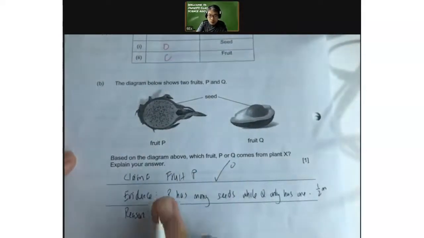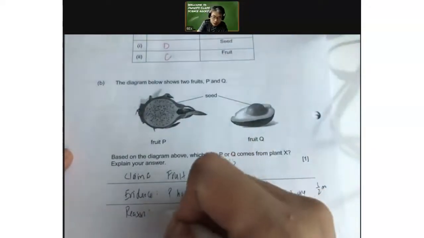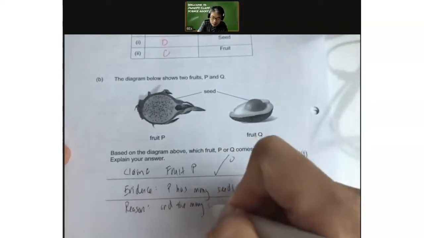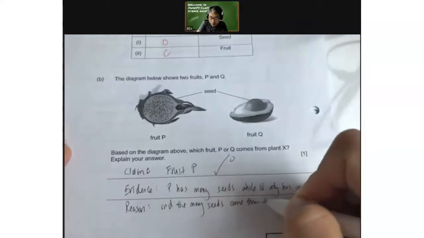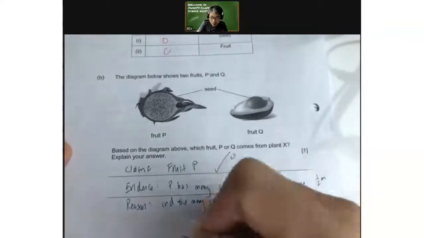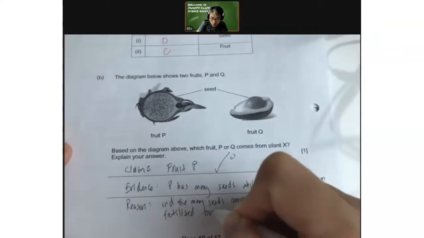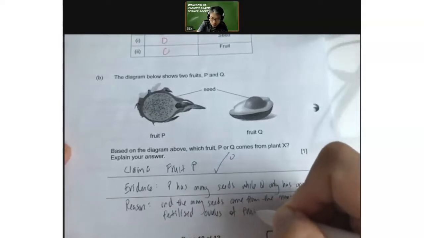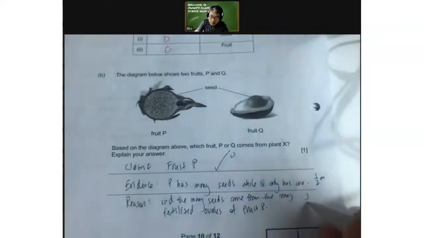Okay, so fruit P is your claim. Fruit P comes from plant X. How do you know? P has many seeds while Q only has one. And the many seeds came from the many fertilized ovules of fruit P. So let's understand this better.